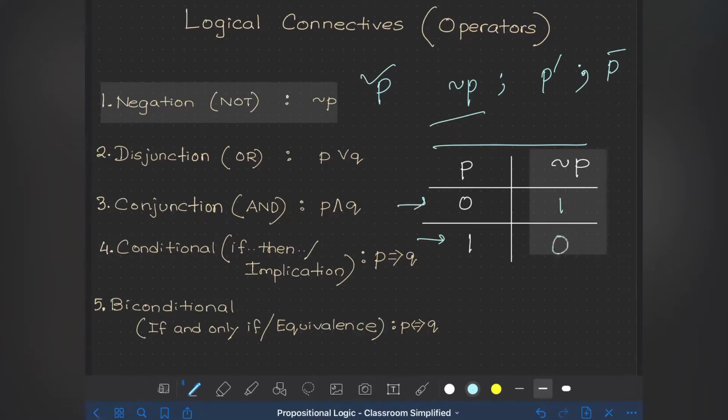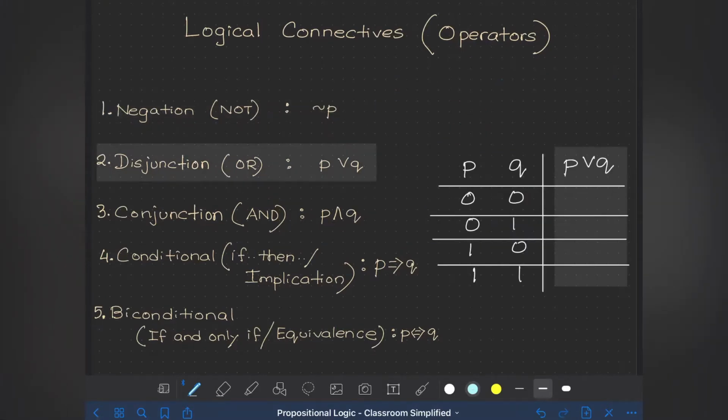So basically it is inverting the value. If the P value is 0, then the negation of P will be 1. If the P value is 1, then the negation of P will be 0. This way we can denote the output and input logic from this truth table, and we will be looking at all the details of the truth table for each and every logical connective.